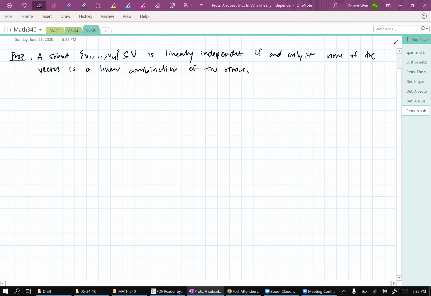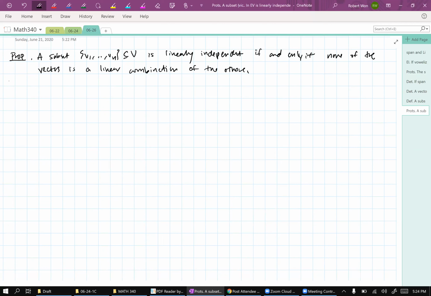So this says that a set of vectors is linearly independent if and only if there's not any vector in there that you can write as a linear combination of the others. This sort of says that you need every vector. Because if you could write a vector as a linear combination of the others, then when you took their span, you wouldn't need that vector because you already have it in the span of the rest of the vectors. So this agrees with the intuition that linear independence should mean there's no redundancy in our set of vectors. I actually need all of the vectors. It's linearly independent if and only if none of them is contained in the span of the others.